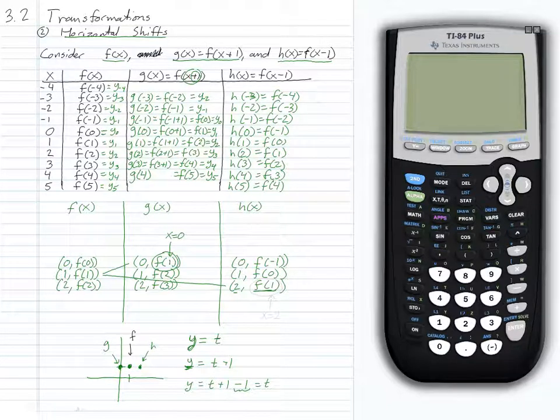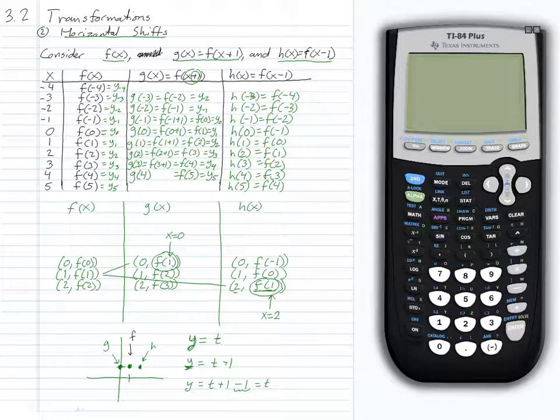We need a smaller x value in order to achieve the same y value because we are augmenting the x value inside. On the other hand, for the function h of x, if I would like to achieve a height of f of 1, my function h involves plugging x minus 1 into f. I'm subtracting 1 from the input, so I need a larger input to achieve the same output.